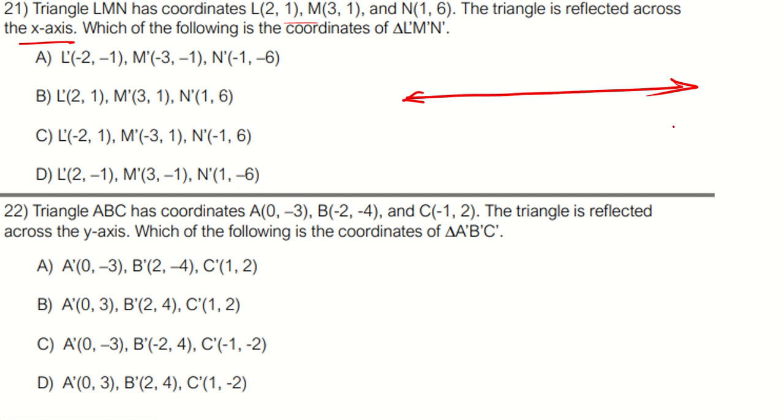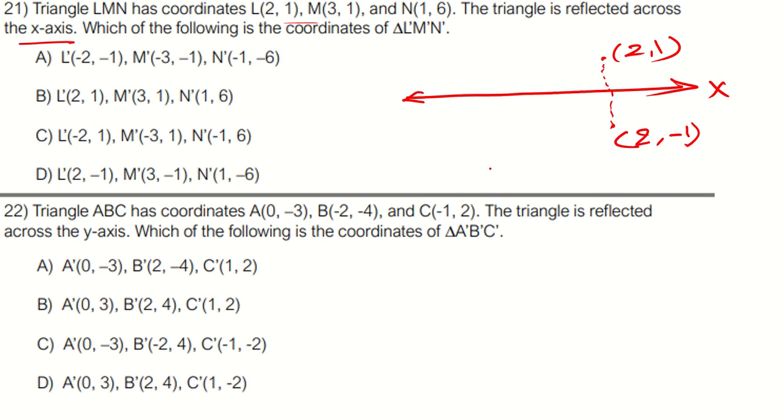So this is your x-axis, this is the mirror. One point I am taking as (2, 1), for example, it is not accurate to scale. If you take (2, 1) here and the x-axis is the mirror, where will your image go? Your image will come here. The value of x will be the same, but the value of y will be negative, because below the x-axis the value of y is negative.